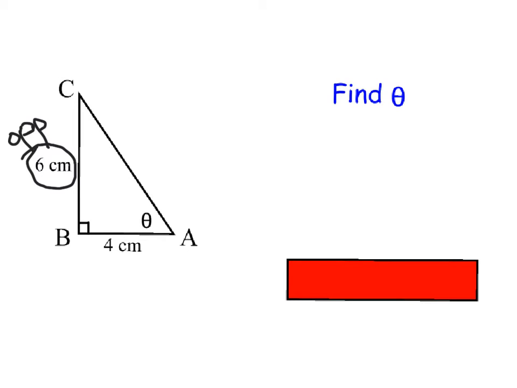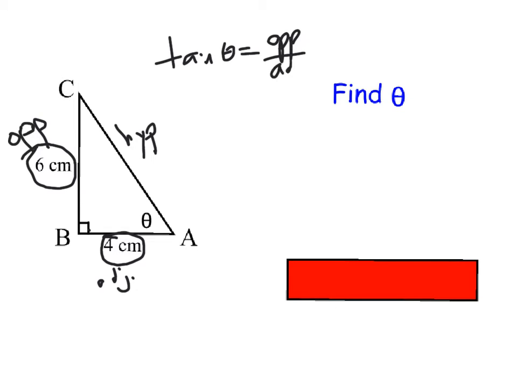And remember, adjacent means next to. But the side across from the 90-degree angle is hypotenuse. So we know that the 4 is adjacent because the hypotenuse is already taken. So that means we should be using tangent, because tangent of theta is always opposite over adjacent.